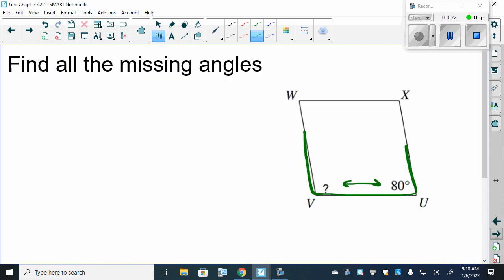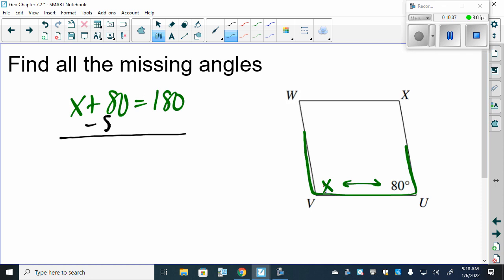So these two here are going to add together to be 180. So we can call this x, and say that x plus 80 is equal to 180. We're going to subtract 80 from 180. So this here would be 100.